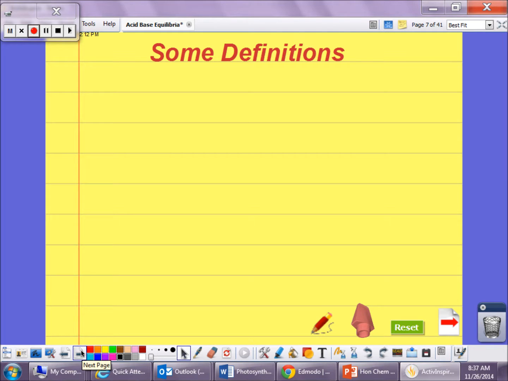The third definition for acid is the Lewis acid definition. It is more broad than Arrhenius and Bronsted. If you remember from first year of chemistry, a Lewis structure has to do with electrons, a pair of electrons. An acid, according to Lewis, is an electron pair acceptor.